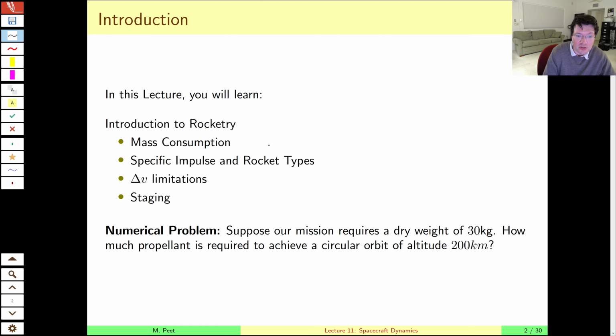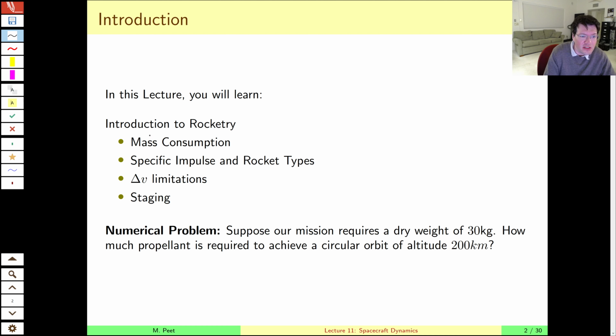Well, that requires a great deal of propellant, and the question is how much propellant is feasible really to get into orbit. Obviously, we've sent spacecraft outside the solar system, so how did we manage that? Well, with a great deal of cost, of course, and not a lot of payload. So we'll cover some of those concepts here.